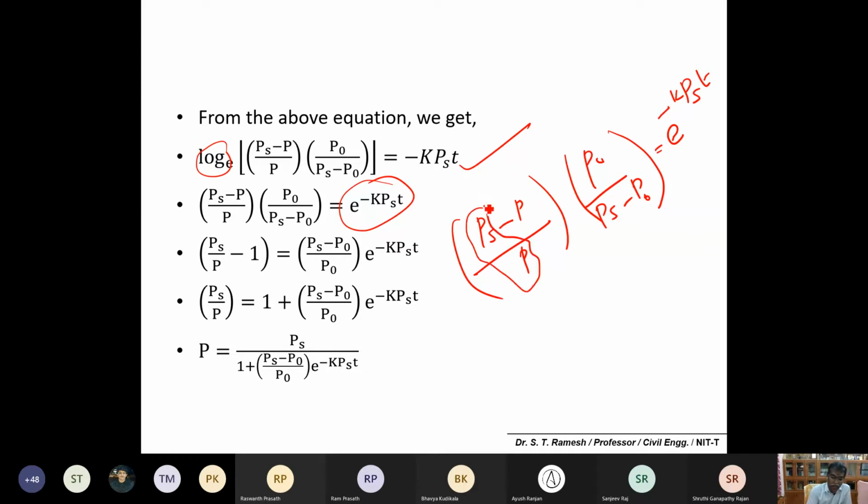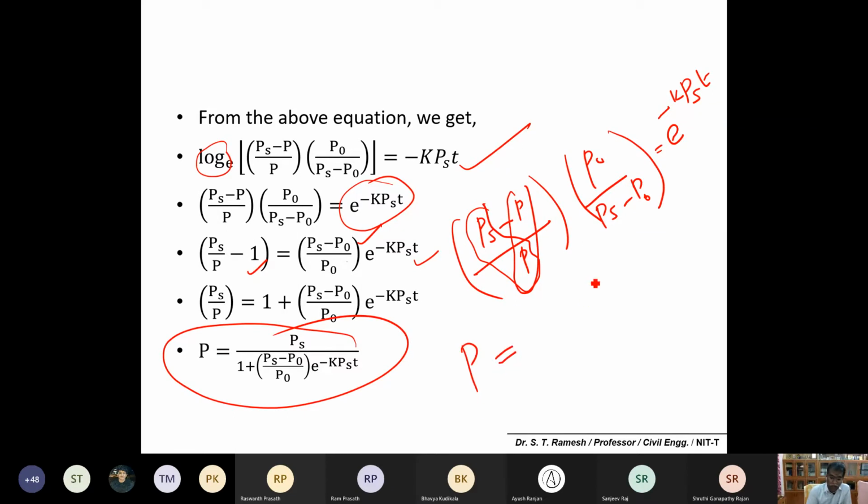Ps by P and P by P becomes 1, and now you take it to the right hand side. If you move on to the right side, we can get this proportion, that is Ps minus P0 divided by P0 into e power minus k Ps into t, and slightly rearranged you may get equations like this. So P can mathematically be calculated using this formula: Ps divided by 1 plus Ps minus P0 divided by P0 into e power minus k Ps into t.